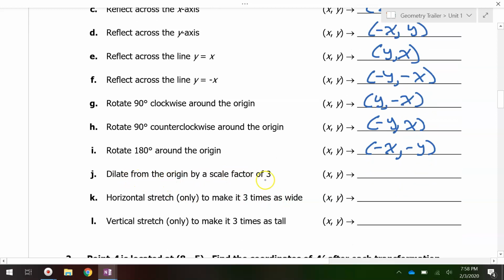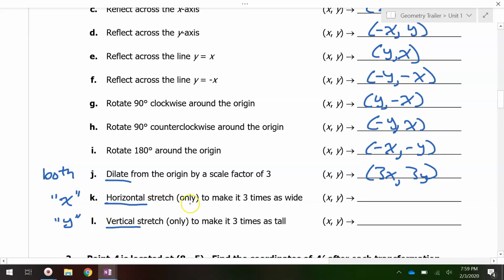Dilating from the origin by a scale factor of 3. Again, a dilation means you're going to do both the x and the y. So that's why it's going to be 3x, 3y. So whenever you see dilation, it's going to be both. If it's going to be horizontal, that's just going to be the x value. If it's going to be vertical, that's just going to be the y value.